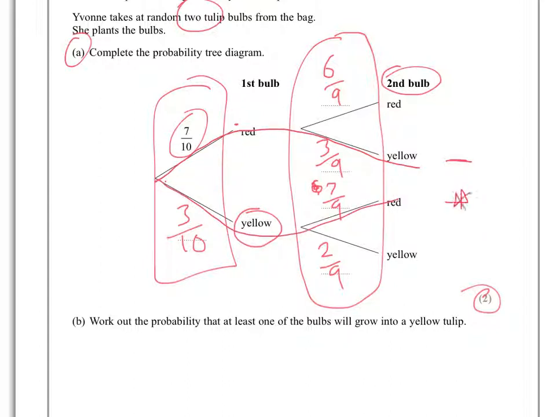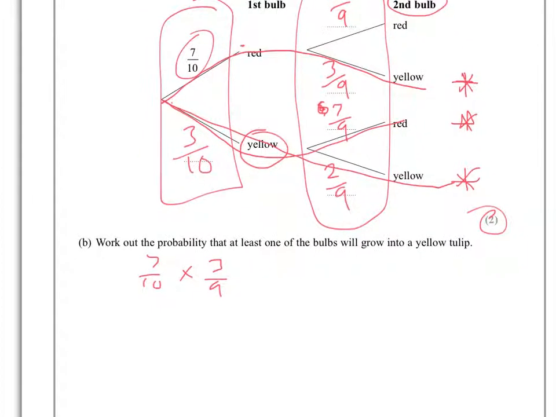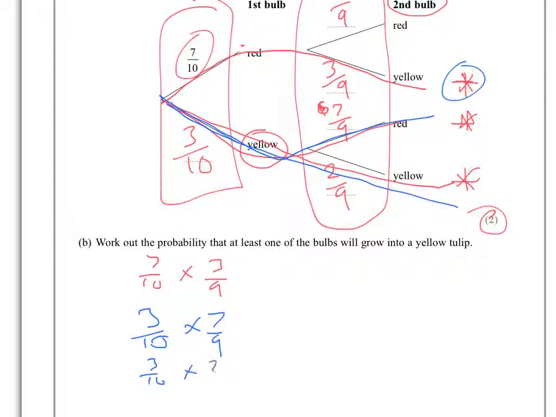So if you remember, what we did was we put a star next to the branches that we want, and then we times along the branches, so 7/10 times 3/9 for this first branch. The second branch, we've got 3/10 times 7/9, and the last branch, we've got 3/10 times 2/9.